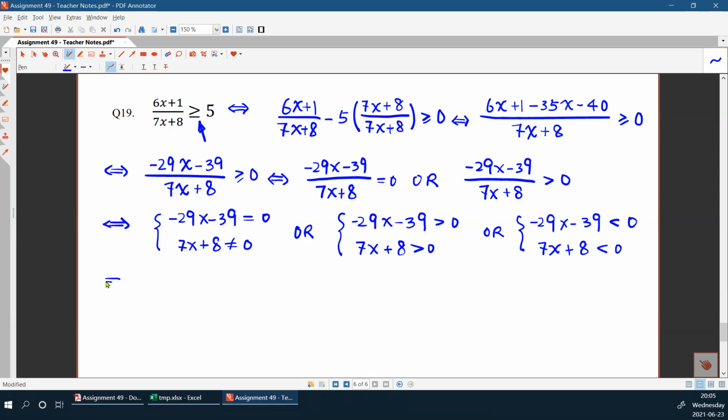Understand? Okay, so now let's try to solve these three systems. The equation gives us that x is minus 39 over 29, and x cannot be minus 8 over 7, right?